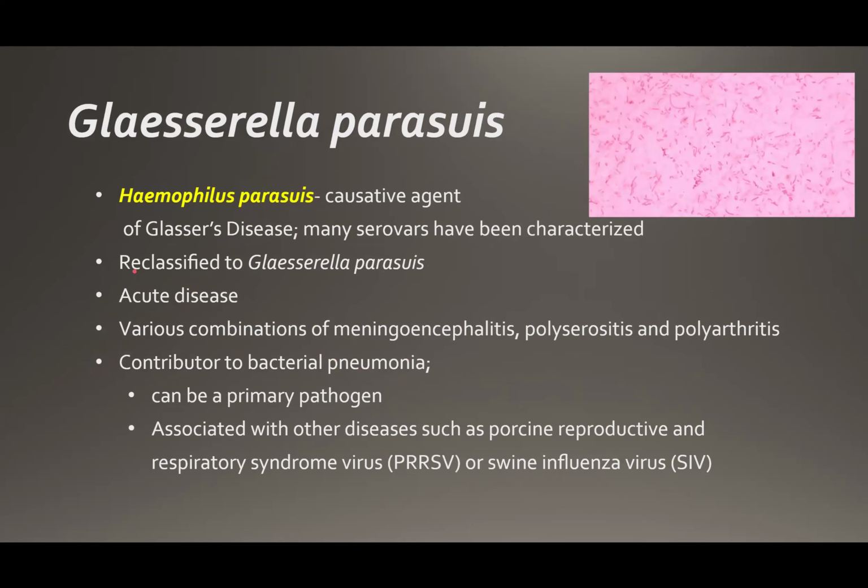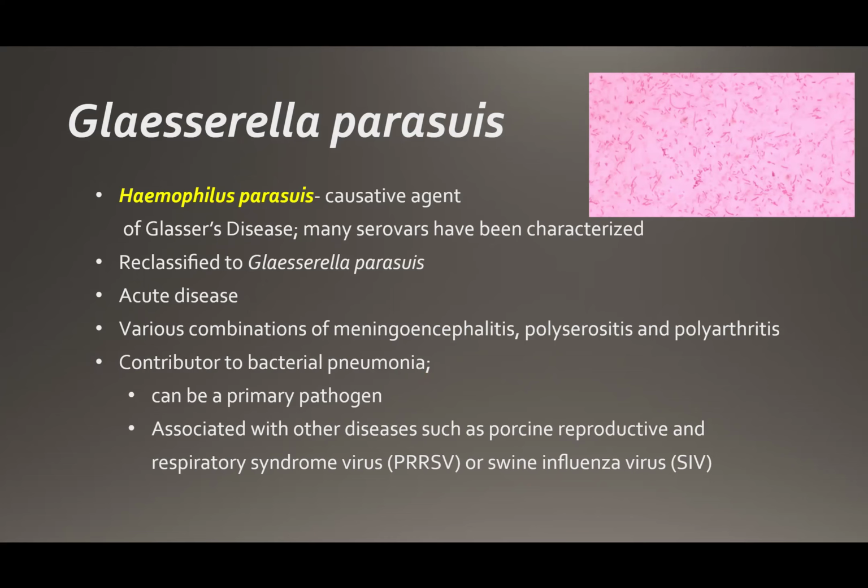The most important one that I mentioned is Haemophilus parasuis, which was recently renamed or reclassified to Glaesserella parasuis. The disease caused is acute and has various combinations of meningoencephalitis, polyserositis, and polyarthritis. It is a significant contributor to bacterial pneumonia, or what is known as PRDC.